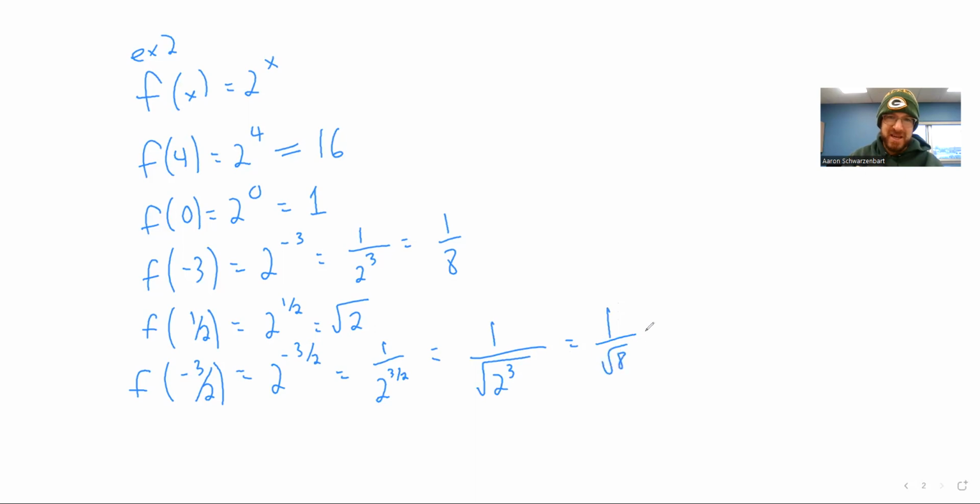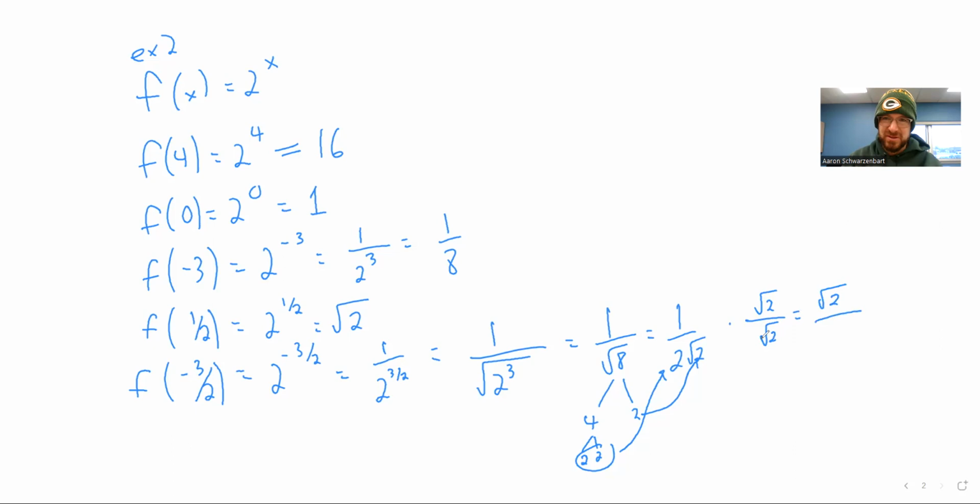one over square root of 8, which I can reduce, 1 over square root of 2, reducing my radical 4 and 2, 2 and 2. My pair of 2's goes to the outside. My individual 2 goes inside. Now I should rationalize this.